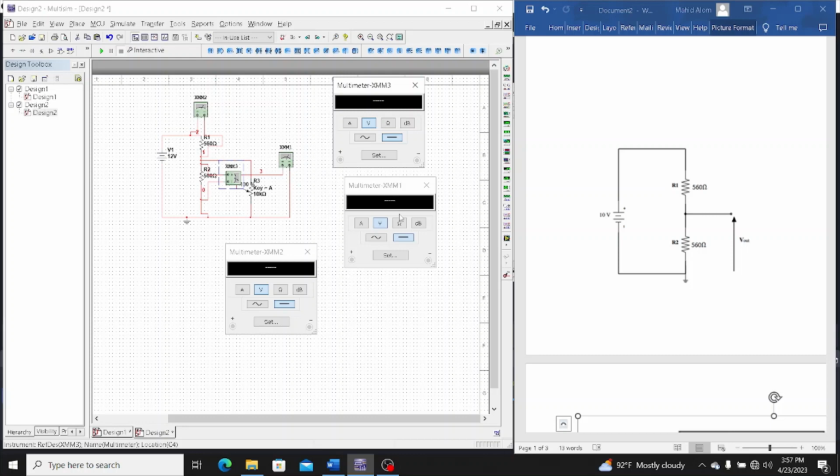Here I am giving the input ohm for resistance value.